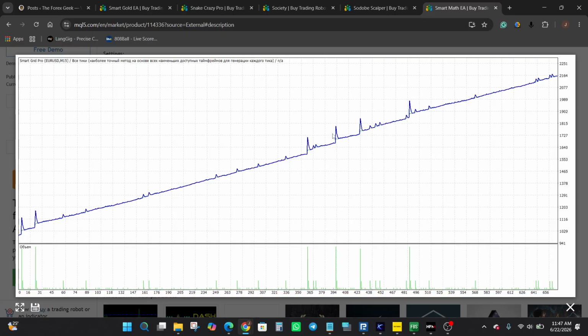When reviewing historical testing performance for a grid-based system, one of the main things I focus on is how position management behaves throughout different market conditions and how the overall trade structure develops over time.